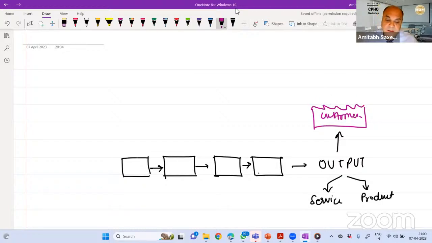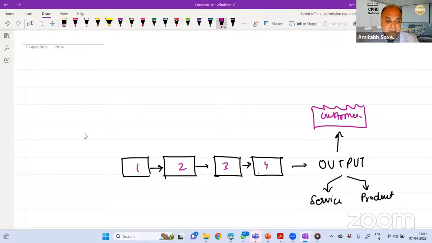So we have process steps. Let's say step number 1, step number 2, step number 3, step number 4. So if you are a lab, you have got basic 4 to 5 steps in which you collect the samples, process the samples, deliver a report to the patient. Patient is the customer, or the family members of the patient could be the customers.